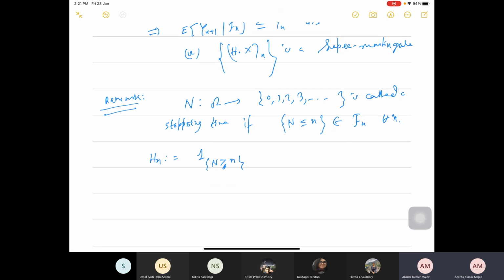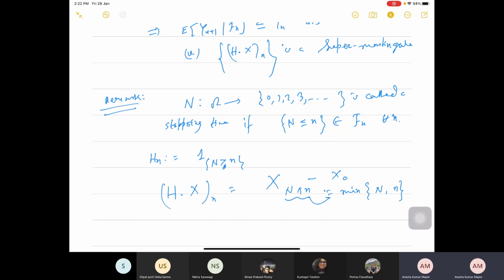So if I use this, then for any adapted process x, h dot x at n is nothing but x of n minimum the stopping time, that is, the minimum of the stopping time and n, minus x of 0.